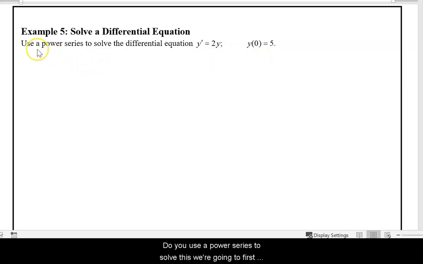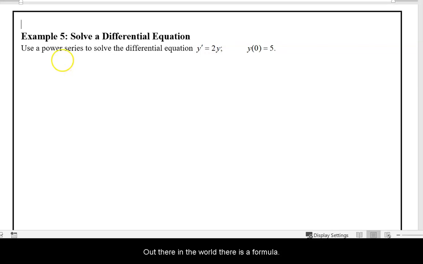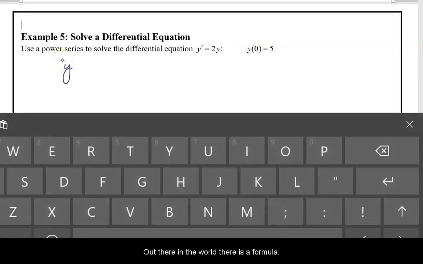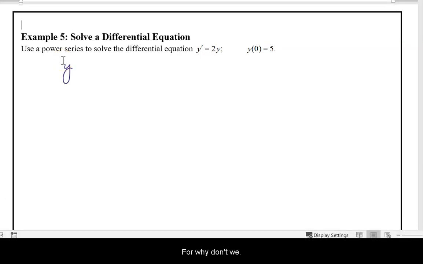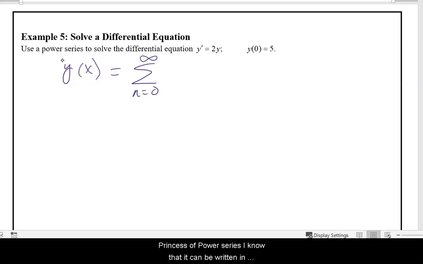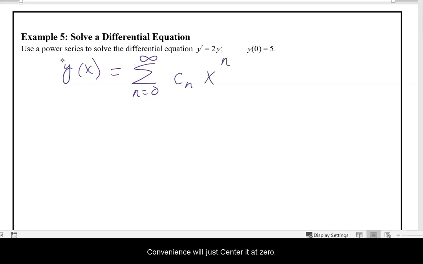To use a power series to solve this, we're going to first suppose that there is a solution. In other words, somewhere out there in the world, there is a formula for y that will solve this. I do have some y of x, which is a power series. Since it's a power series, I know that it can be written in the format looking like a geometric series. For convenience, we'll just center it at 0.